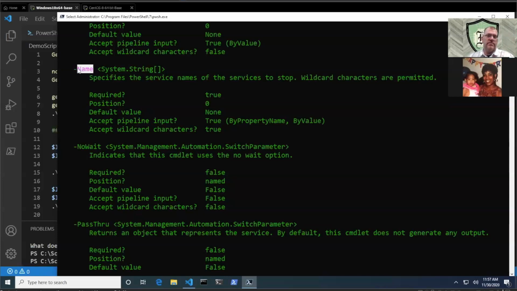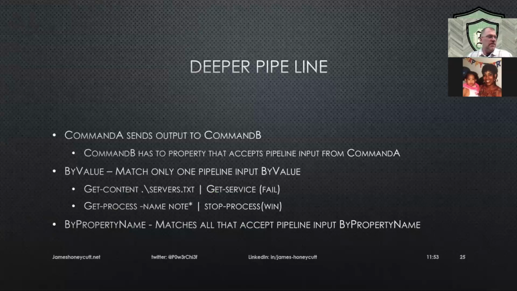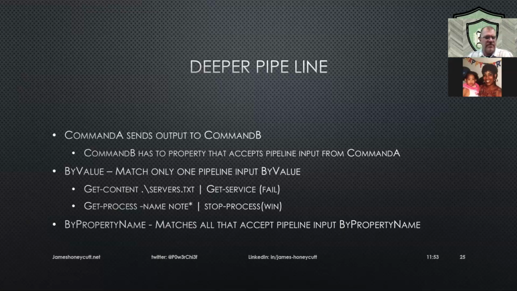Hopefully that clears it up a little bit anyway. It's a real deep subject, and I just don't think we have time to fully explore it. But just know that whatever is output on the left-hand side needs to be able to be inputted on the right-hand side of the pipeline. Otherwise, you'll get some weird, funky errors.